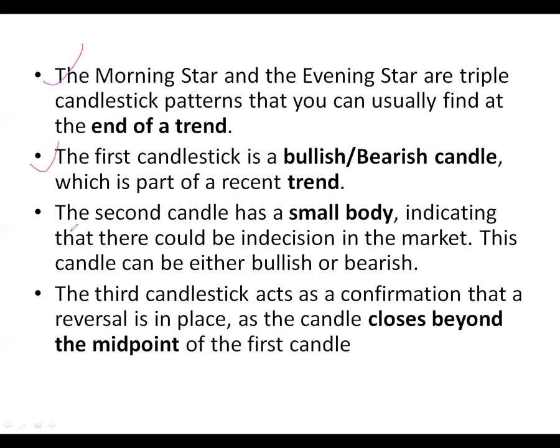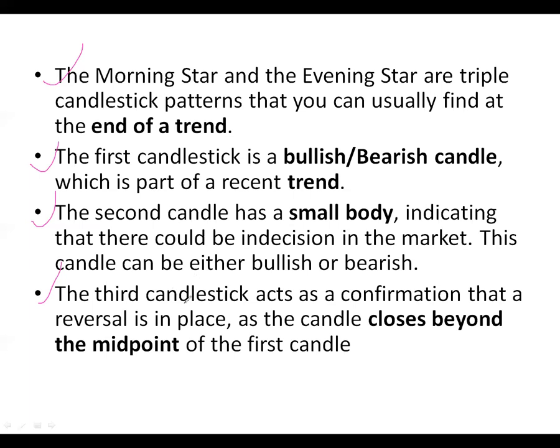Point number 3, the second candle has a small body, indicating that there could be indecision in the market. This candle can be either bullish or bearish. The last point, the third candle acts as confirmation that a reversal is in place as the candle closes beyond the midpoint of the first candle.